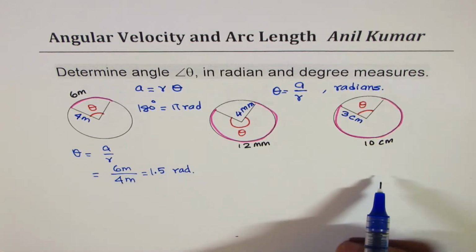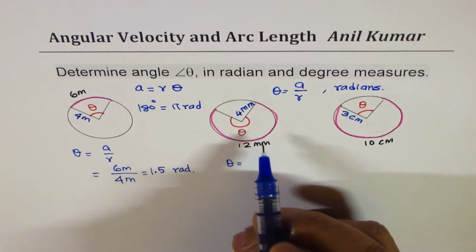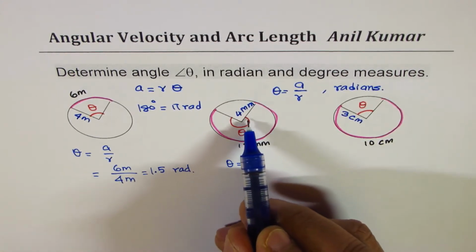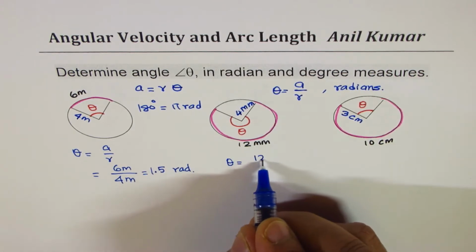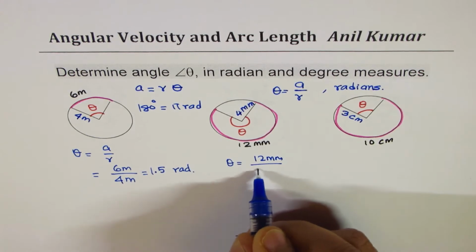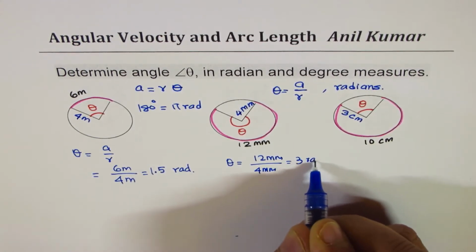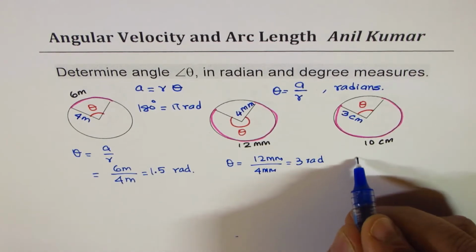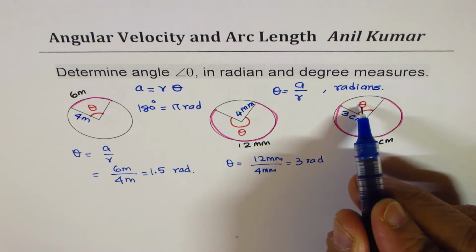So let's find all the angles in radians first. Here theta will be equal to, we're talking about this big angle, correct? So we'll take the big arc, which is 12 millimeters, divided by 4 millimeters, which is 3 radians. The next one, theta is that angle.